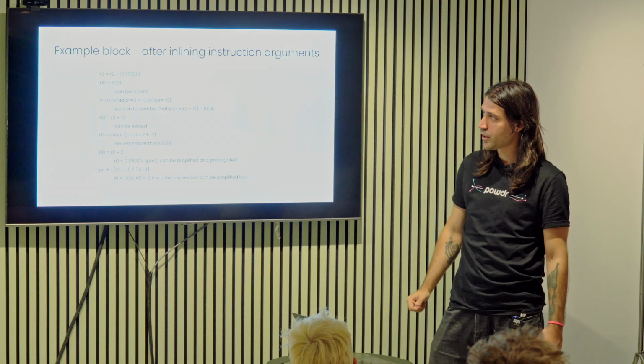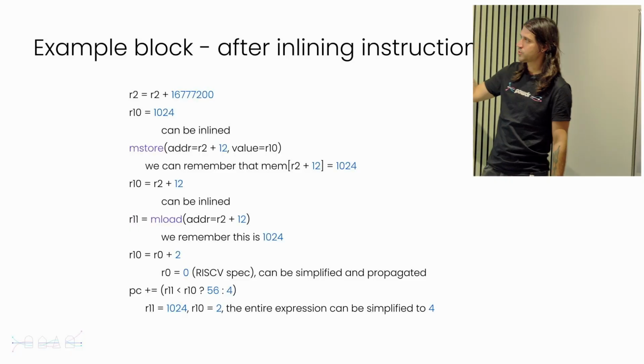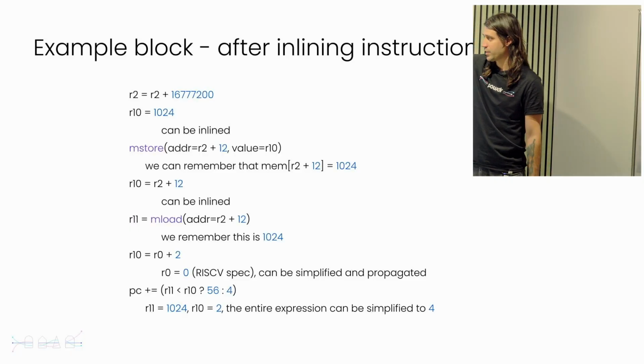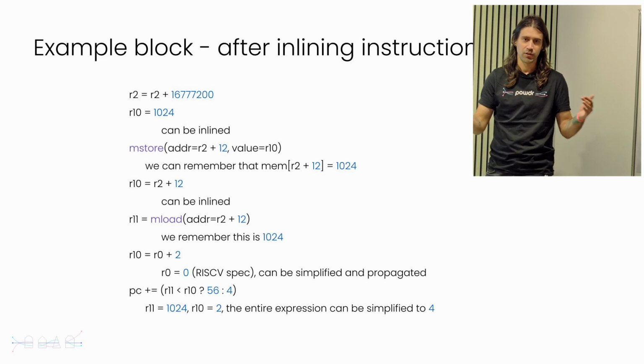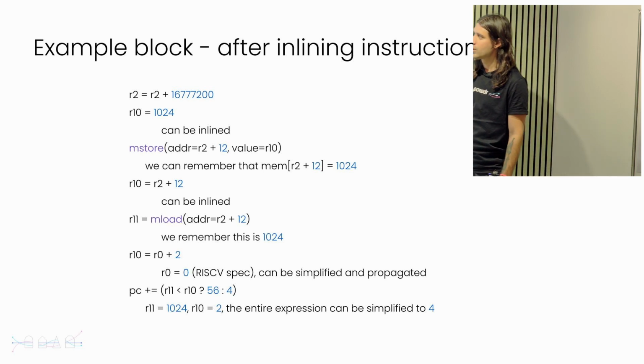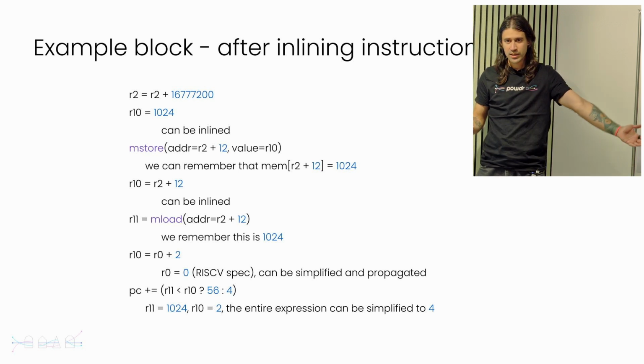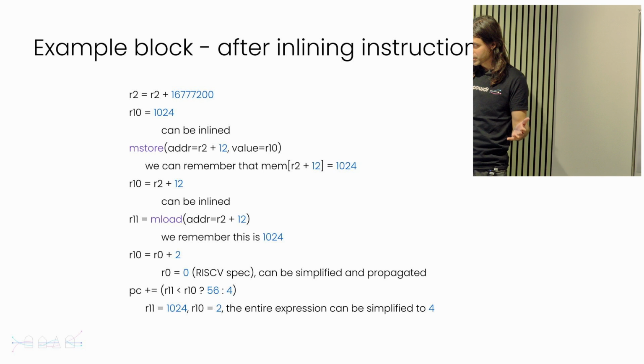But if we actually look at one thing at a time, we have R10 equals 1024, this can be inlined. We don't need R10 for this. And when we have this store, it's like, okay, we can't get rid of it because maybe it's going to be used later on, but we can remember at least that address R2 plus 12 has 1024. Then we see that R10 equals R2 plus 12. This can be inlined as well.